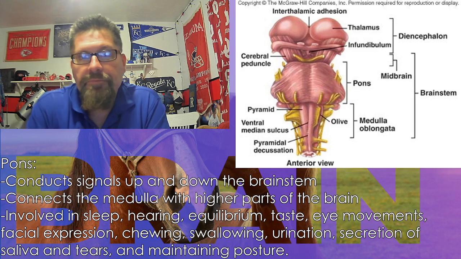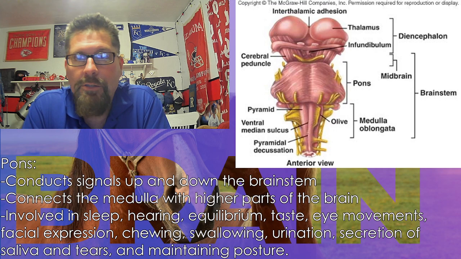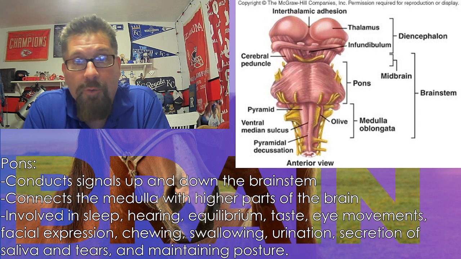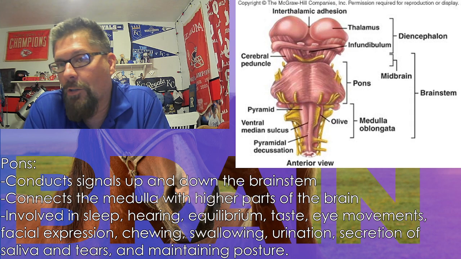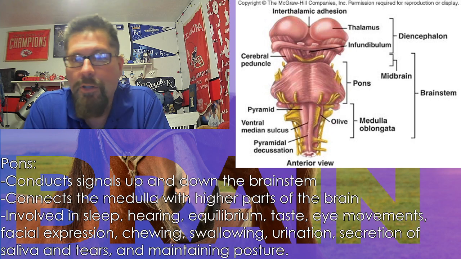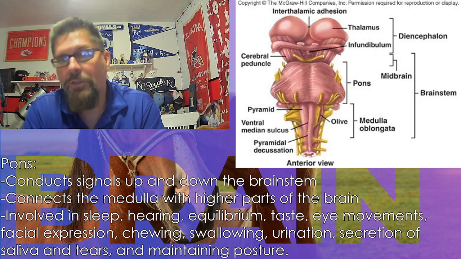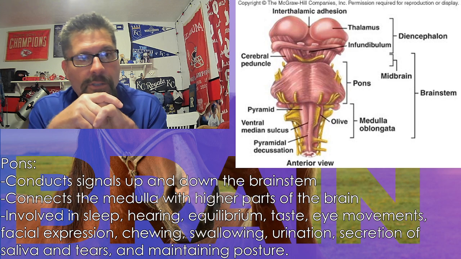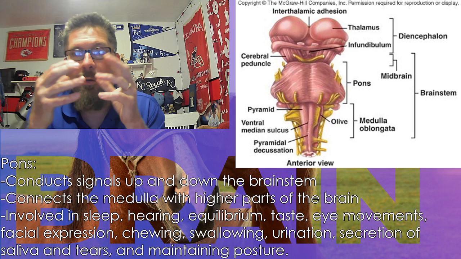No, I probably won't. So the pons, as I mentioned, just look at that list of things that it is responsible for. Sleep, equilibrium, taste, facial expressions, chewing, swallowing, urination, saliva and tears, maintaining posture. Man, a lot of things going on there. But you can see where it is.